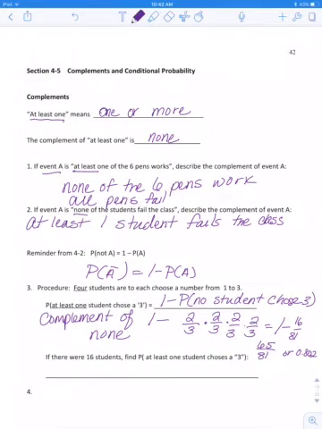Okay, now what if we wanted to do this for a much bigger number than 4 students? How could we think about this? So notice here when we had 4 students, we could also have written this as 1 minus 2/3 to the 4th, because we multiplied it by itself 4 times. So number 4 here says, if there were 16 students, find the probability that at least one student chose a 3. So again, we want 1 minus the probability that none chose a 3.